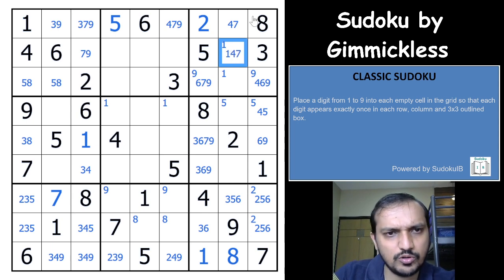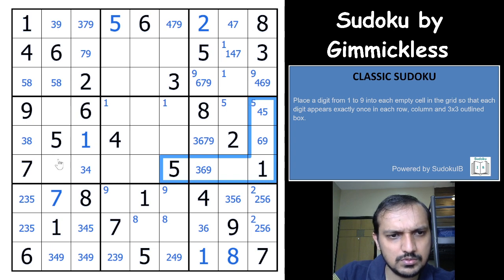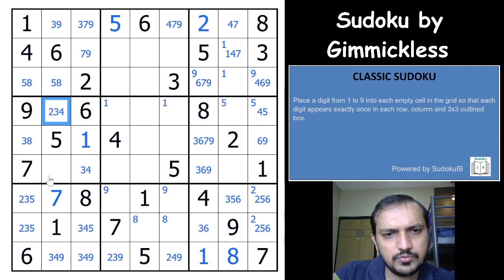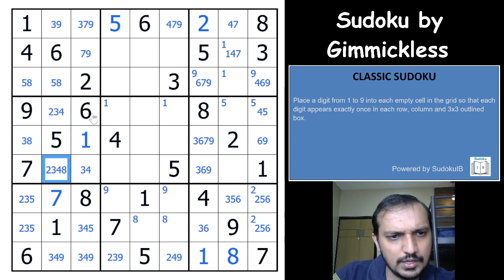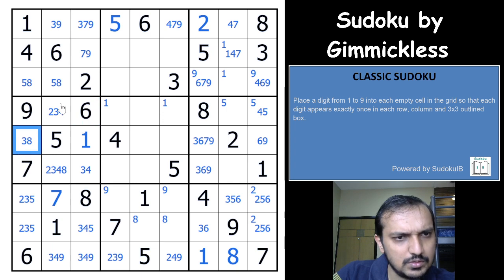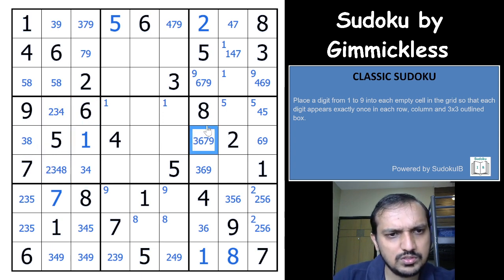This has to be 1, 4 or a 7. 7 cannot be here. 8, 2, 3, 4. 2, 3, 4 and 8. 2 is in one of these two cells. 3, 6, 7, 8, 9. We got a pair here, we got a triplet here.